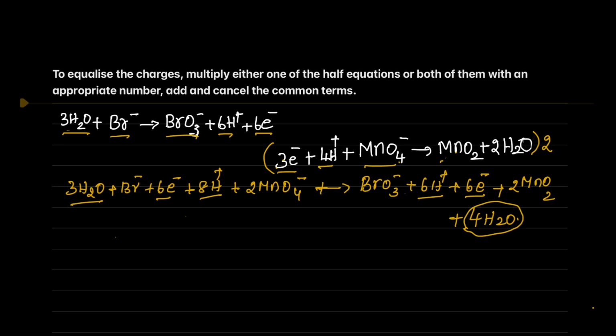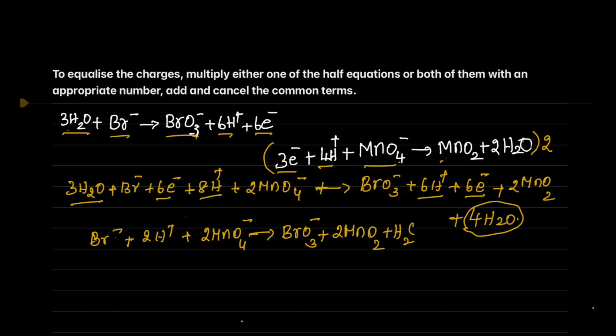So let us do so and then rewrite the equation. We will be getting the equation that Br minus plus 2H plus 2MnO4 minus giving rise to BrO3 minus plus 2MnO2 plus H2O.